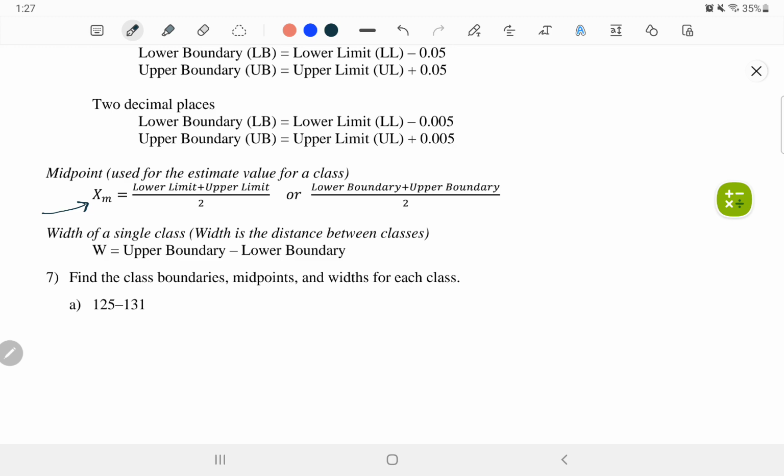The width of a single class, which is the distance between classes, is the difference between the upper boundary and the lower boundary: width equals upper boundary minus lower boundary. So in this first video, we're just going to find the boundaries, midpoints, and widths for the following classes.